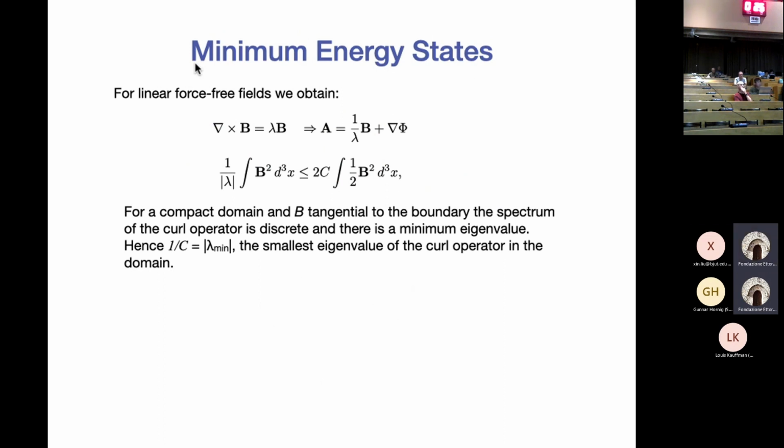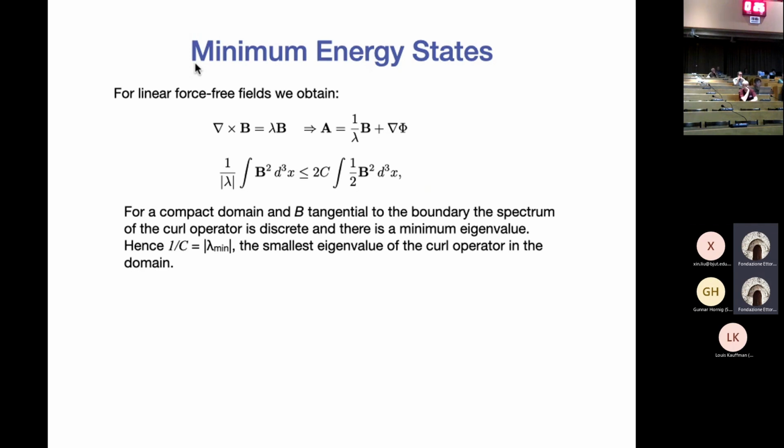Right. If you use our previous result and plug in the linear force-free fields into this equation, you find that they get you the same energy integral on the left-hand side with a factor 1 over lambda. That is the eigenvalue of your linear force-free field.